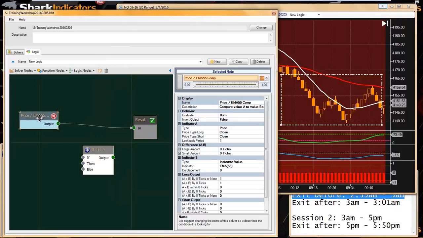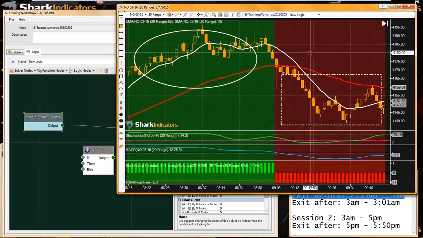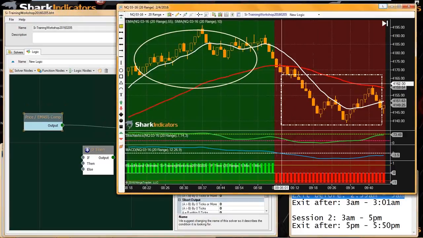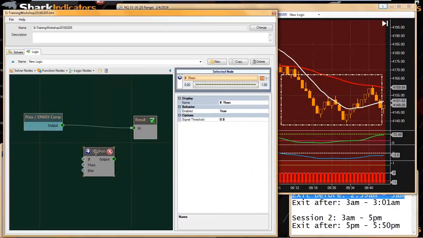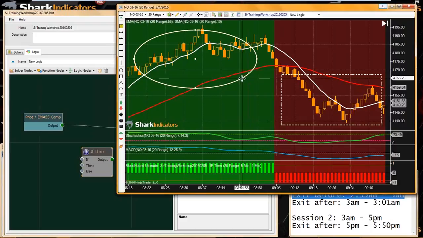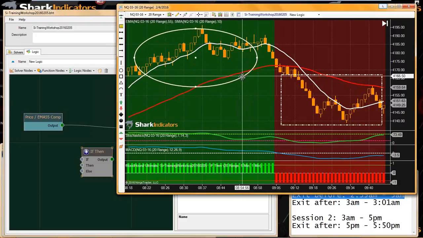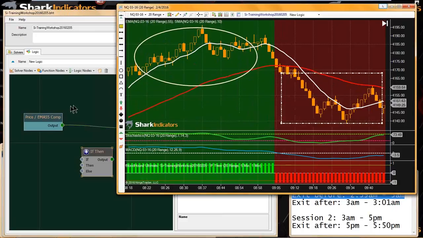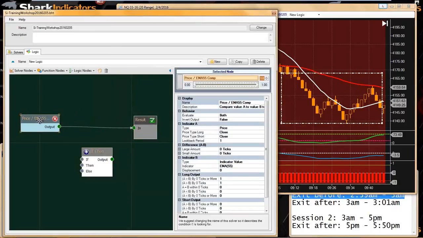So what we'll do is we're going to use the if-then node to decide when to use the long signal logic and when to use the short signal logic. So what you do is you take your solver, and remember, this one solver could be a whole bunch of solvers that create a logic.